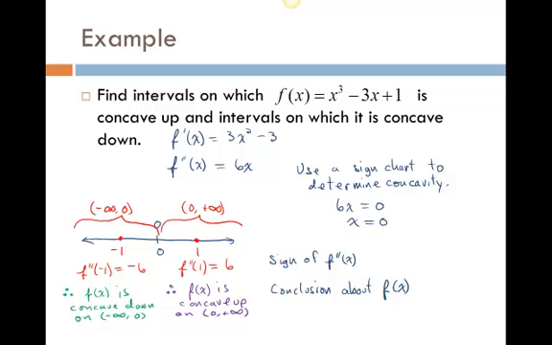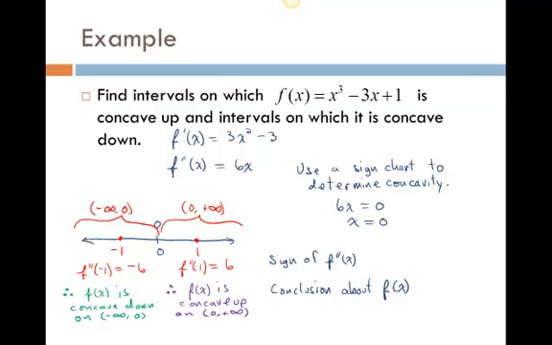The second derivative is telling you in what direction it's bending. You can think of it as how fast that rate of change is changing. Whether it's slowing down, which means it's concave down, where it's getting less and less steep, or whether it's speeding up, and in that case it's getting more and more steep, it's concave up.